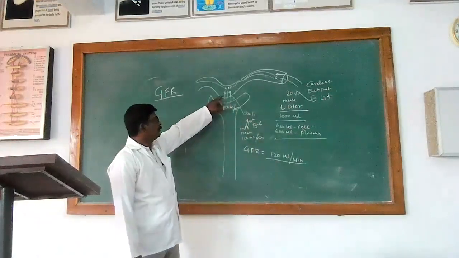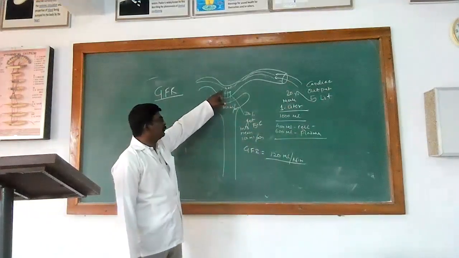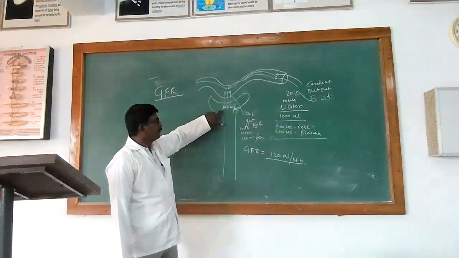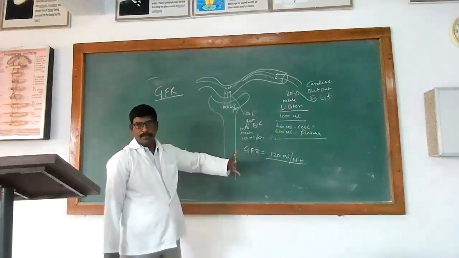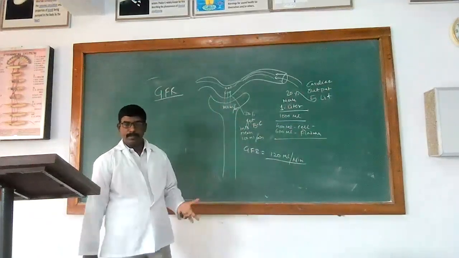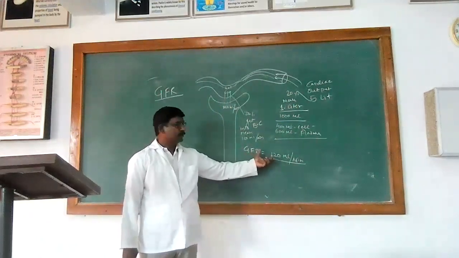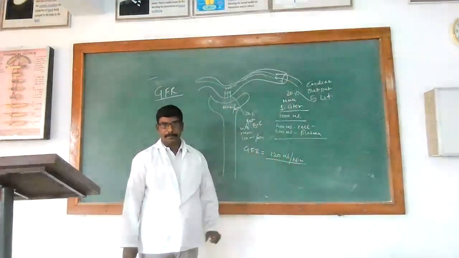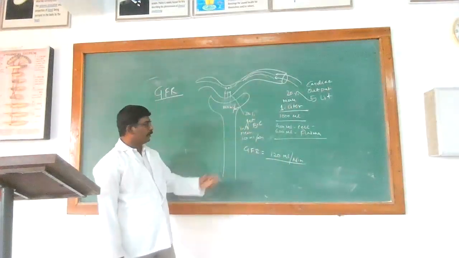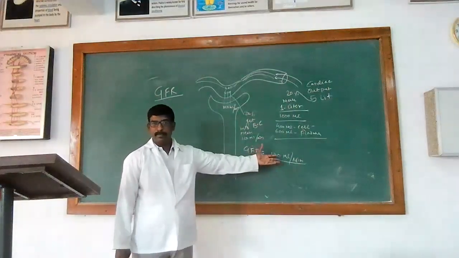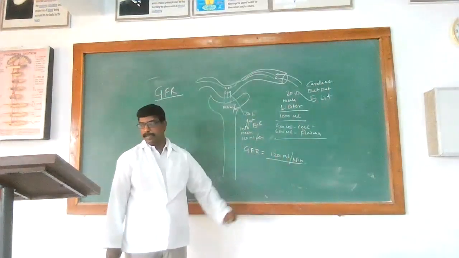So with 6 liters, here becomes 675, here becomes 375, and here becomes 125 ml per minute. Right. As per the textbook, they have given the GFR as 125 ml per minute. Here we have considered 5 liters, that's why it comes to 120 ml per minute.